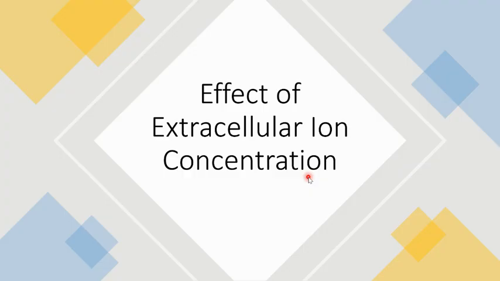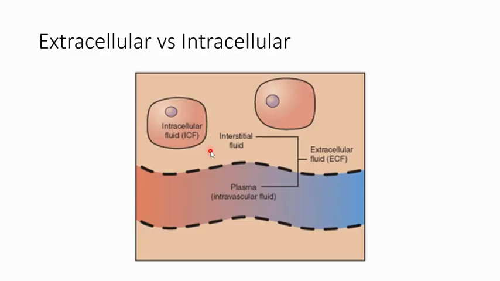So what is the effect of extracellular ion concentration on the heart? Extracellular means this is outside the cells, right? This is in the interstitial space. Well, here we go. So we've got our blood vessel right here, plasma, intravascular fluid. We have our cell. So this is the interstitial fluid right here.